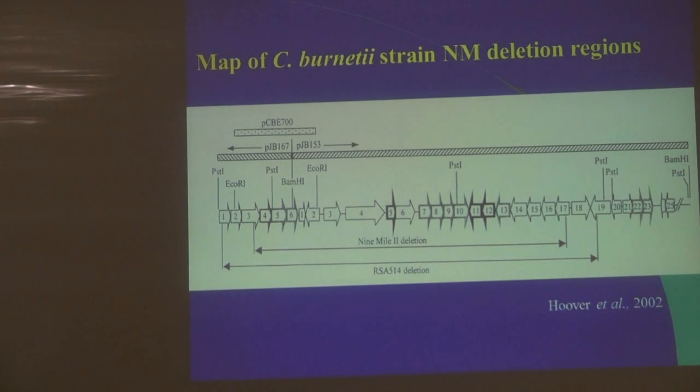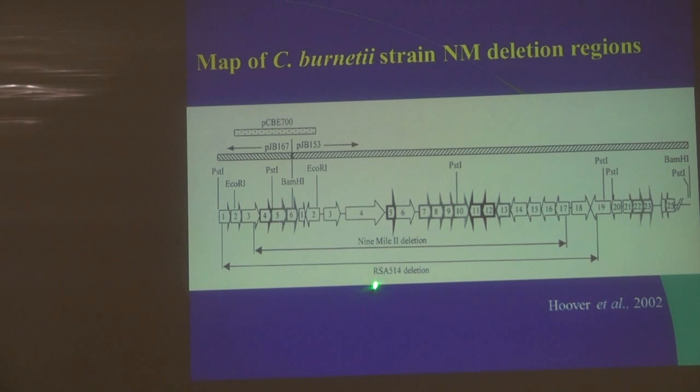Hoover et al., Americans, looked at what happened during this phase variation, and they were able to show huge, dramatic deletions in chromosomal DNA regions. Here is the Nine Mile phase 2 isolate strain, and you see there were huge deletions, maybe in the genes actually responsible for biosynthesis of the O-polysaccharide chain.